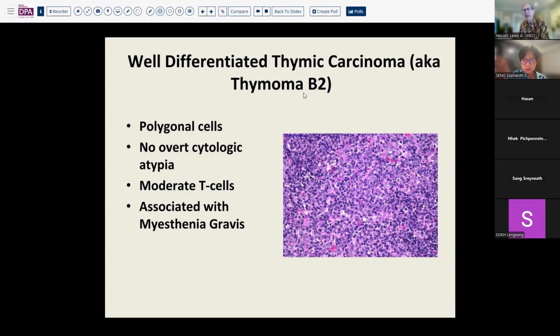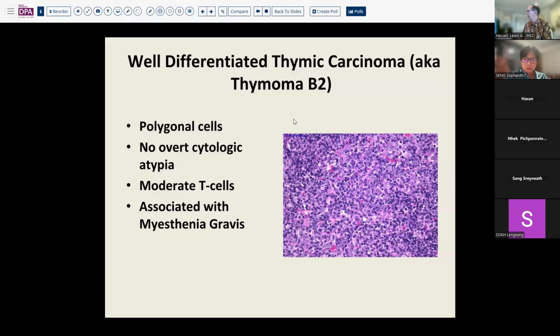But at the end of the day, the behavior is not terribly different between these two entities. Their risk of progression in the patient is somewhat defined, and we can usually anticipate good outcomes. And the same is true of these thymic lesions.